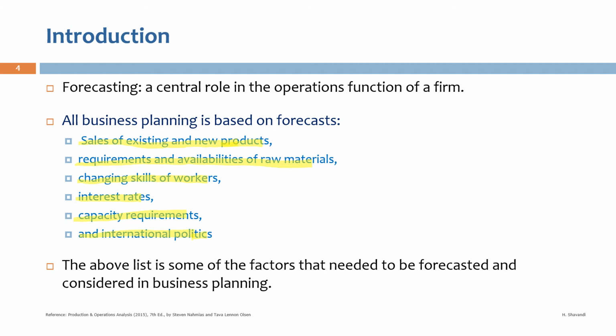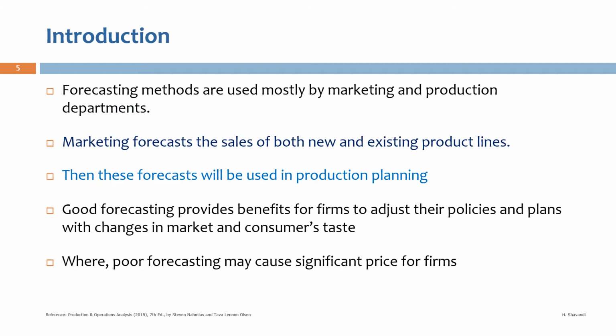But in this course, we are going to just focus on the sales forecasting or demand forecasting for future. Okay. Usually the forecasting will be prepared by the marketing department, and then the production department or production planning will use those forecasts in preparing the production plan for future.